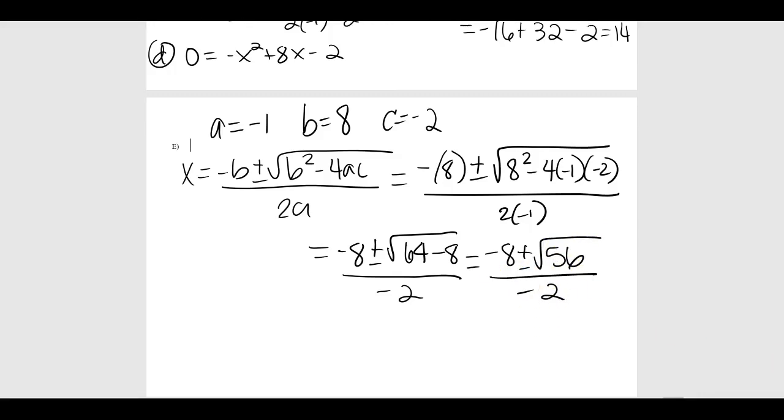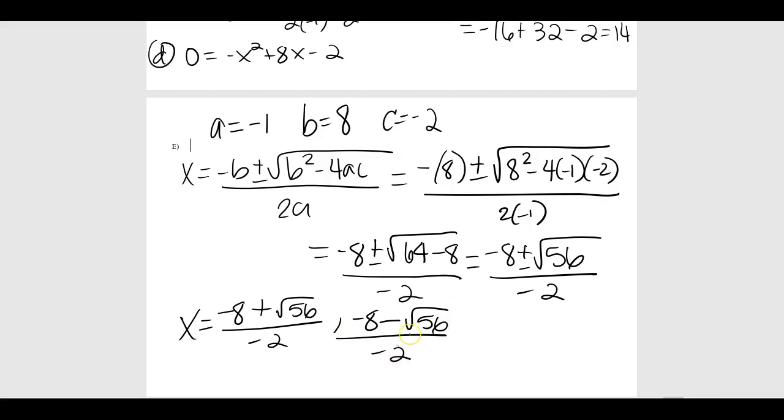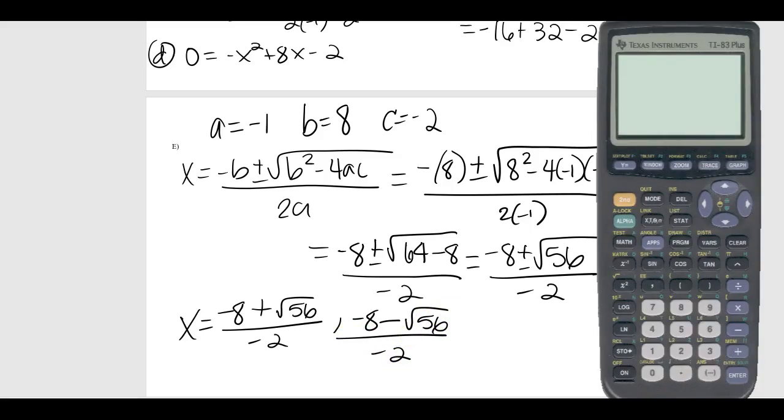We want to get decimal answers, so that gives us our two solutions in exact form: negative 8 plus the square root of 56 over negative 2, and negative 8 minus the square root of 56 divided by negative 2. And you can put that in the calculator. So let's do that.